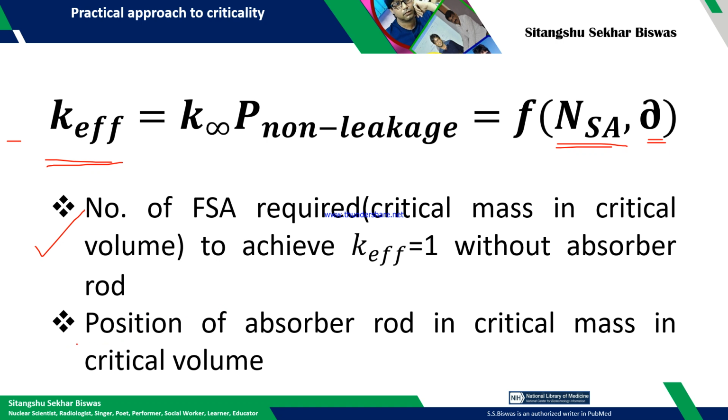The next thing is the absorber rod position, because we need to control the power and we need to shut down. All these things are required. So we look at the position of the absorber rod and how the effective multiplication factor varies with the absorber rod position, even though the critical mass is kept in the critical volume.